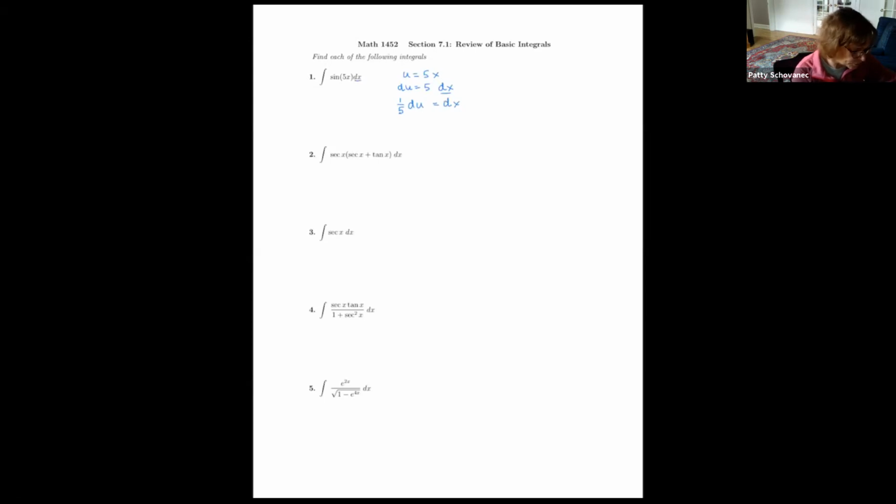So our substitution integral becomes the sine of u times 1/5 du. But that 1/5 is baggage. It's a constant. I'm going to put it in front. And then we're left integrating 1/5 the sine of u du. We said that one was the one that was the minus cosine of u.